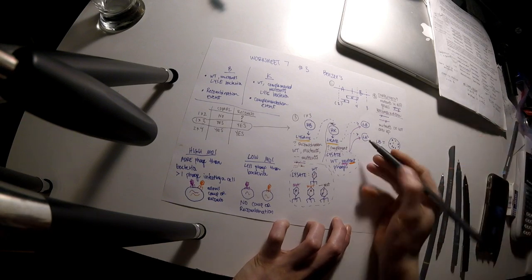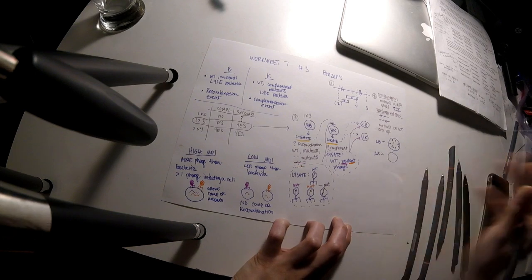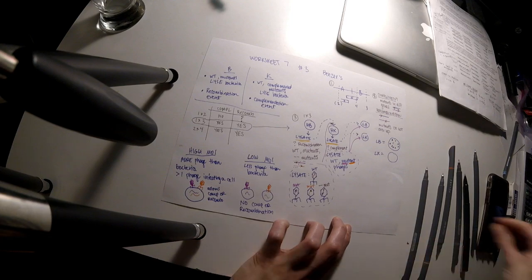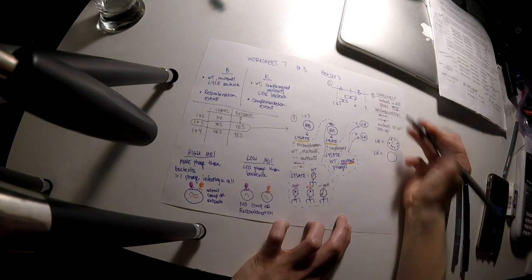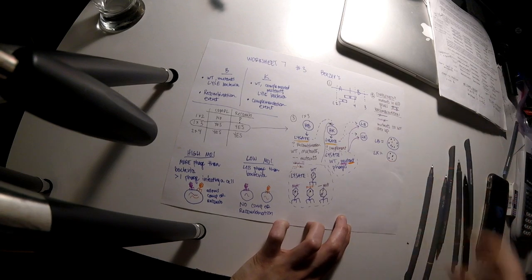But now, when we go and plate this on K, because we're at a low concentration, the only thing that's going to be able to lyse it is the wild type. So the only plaques that you're going to see here are from wild type.